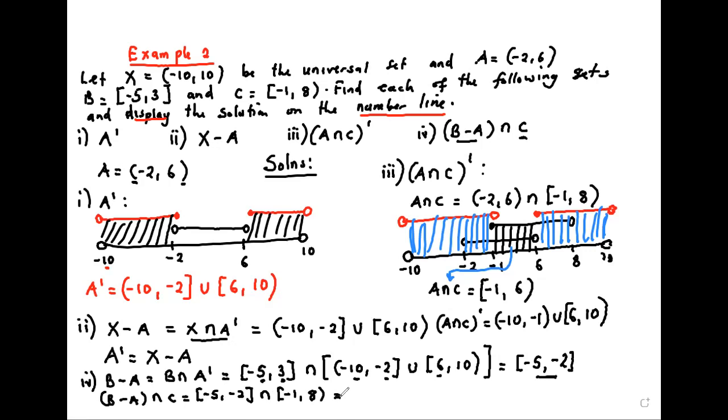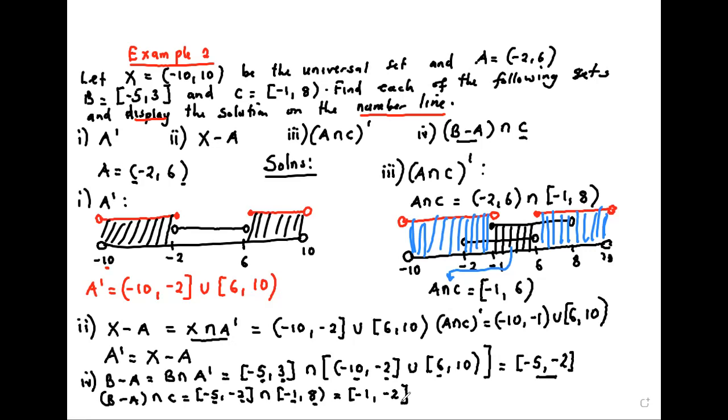So again, between -5 and -1, we get -1 because it's bigger than -5. Then between -2 and 8, we get -2 because it's smaller than 8.